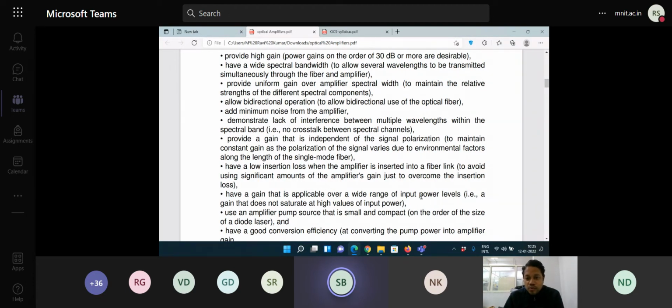If the input is, say, instead of 1 microwatt, I get 100 microwatts, fine.